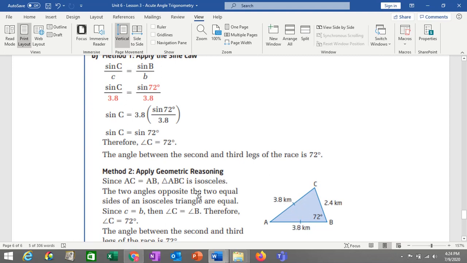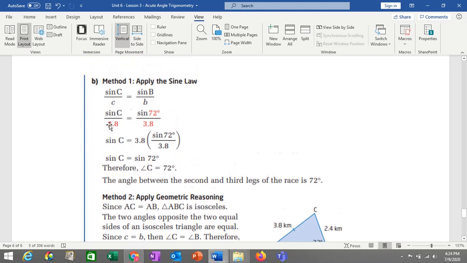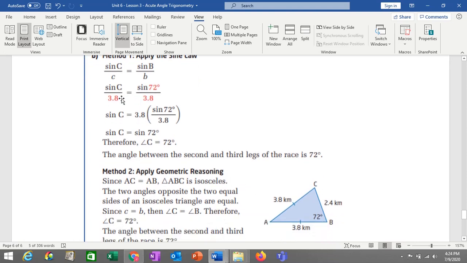Okay, so sine of C over 3.8 is equal to sine of 72 over 3.8. Do some algebra, multiply both sides by 3.8 to get rid of the 3.8 over here. So we get sine of C is equal to 3.8 times sine 72 divided by 3.8. So we've got sine of C is equal to sine of 72.